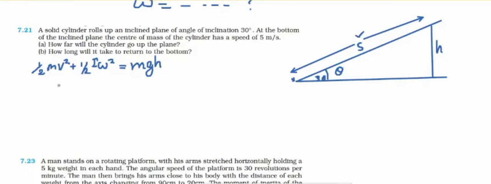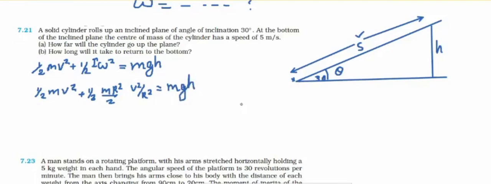Now that is half mv square plus half I omega square. It's a solid cylinder and its moment of inertia is mr square by 2, and omega is v by r, is equal to mgh.